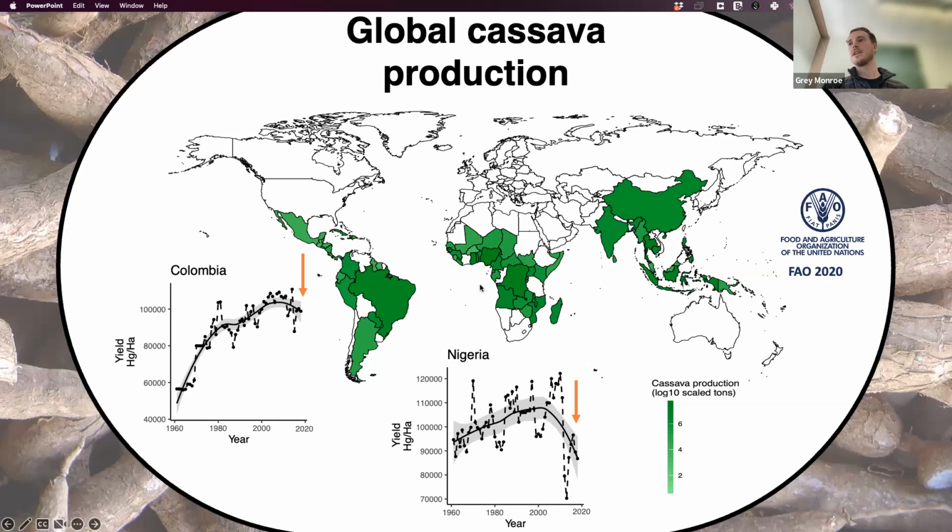Whether this is driven by climate change is not entirely clear, but it does raise some concerns that maintaining production of staple crops like cassava for a lot of these communities is going to be essential for food security. So our lab is interested in understanding how cassava adapts to climates. So what is the basis, genetic basis, for example, of climate adaptation in cassava?